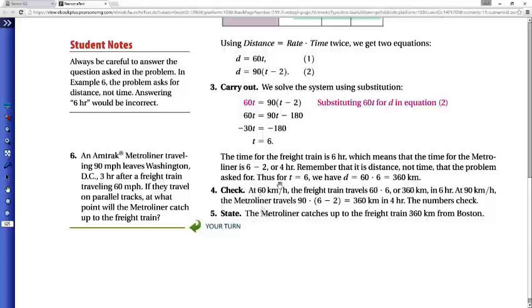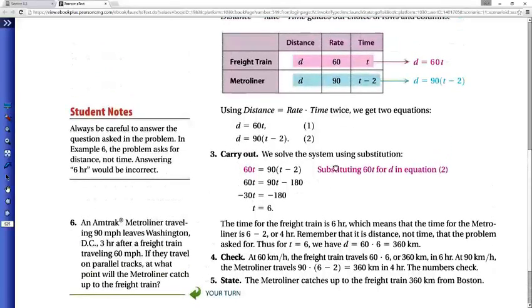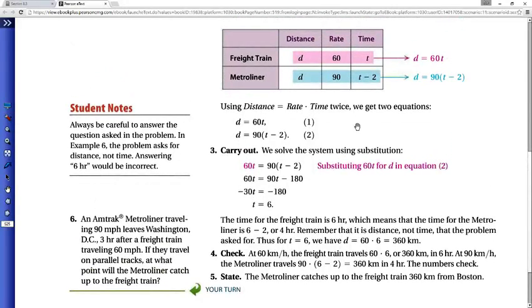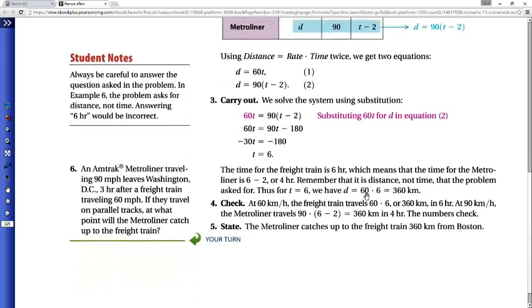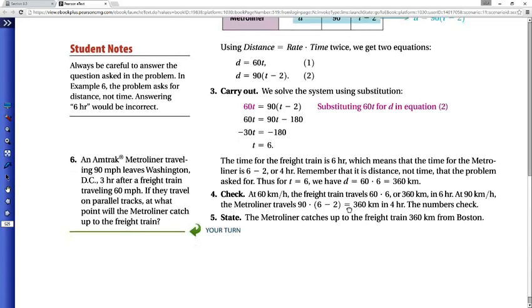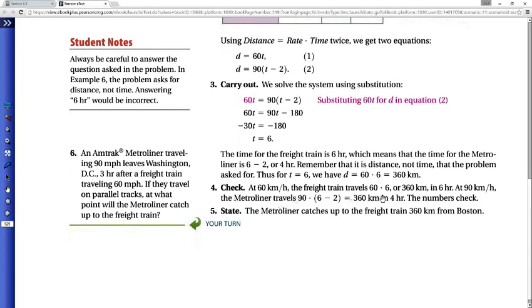So we check. We can take this time of 6, and t really is 6, right? Well, I can put it back into the original equation, and I get distance equals 60 times 6, or 360 kilometers. Well, we could check the freight train that way, and also it would be pretty important that the distance of the Metroliner would have to be the same. And if they weren't the same, then I have an error, because that's exactly what has to happen: these trains have to travel the same distance.